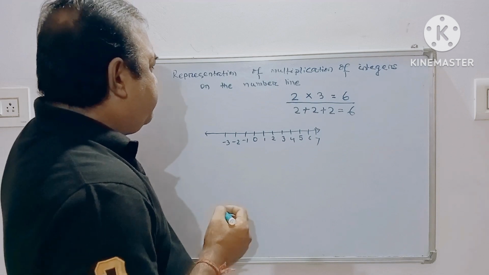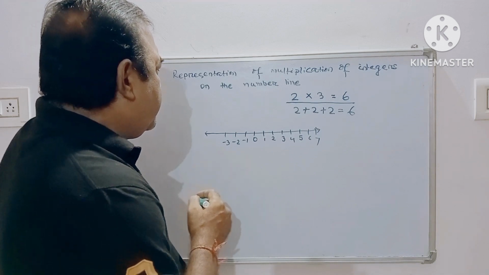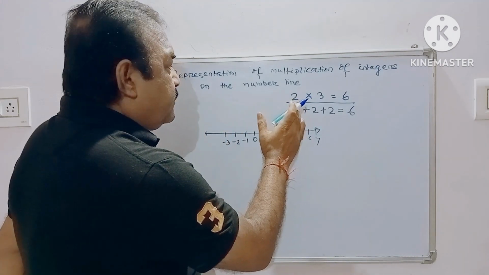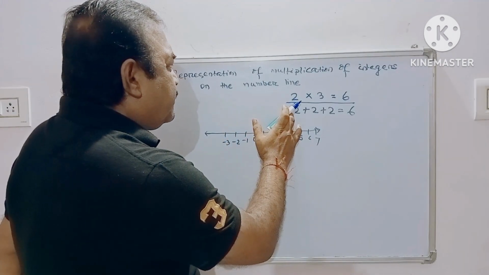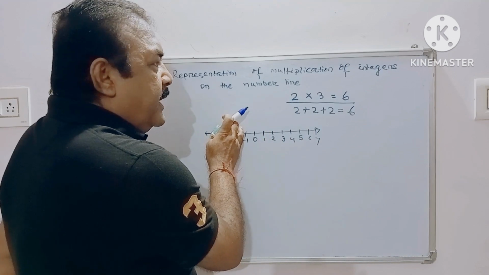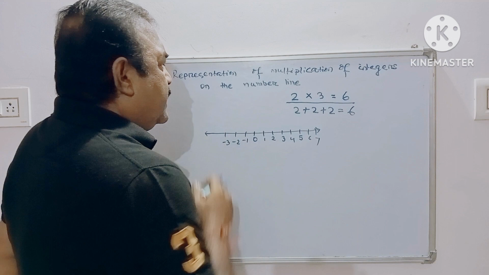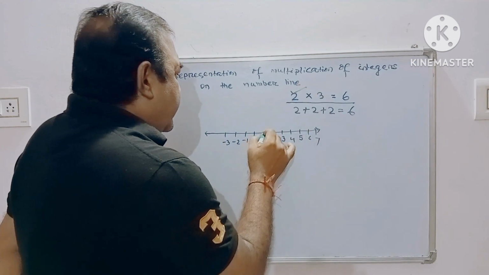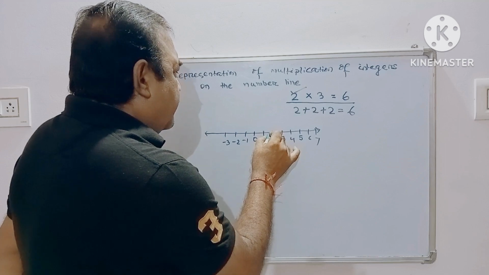And already I have told you, this is the point 0, and towards right it is the positive direction, and towards left of 0 it is the negative direction. So what is 2? Here it is 2 on the number line.